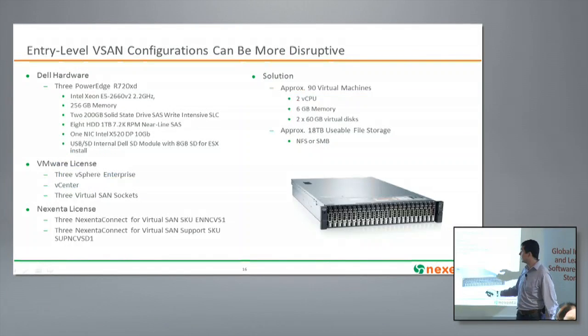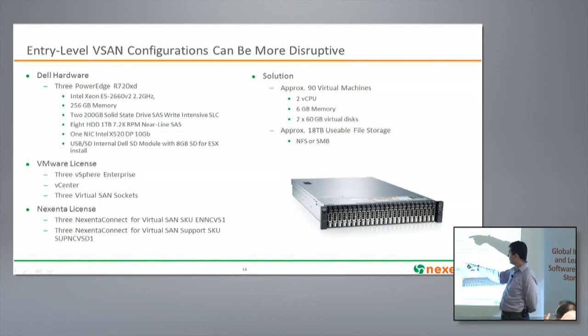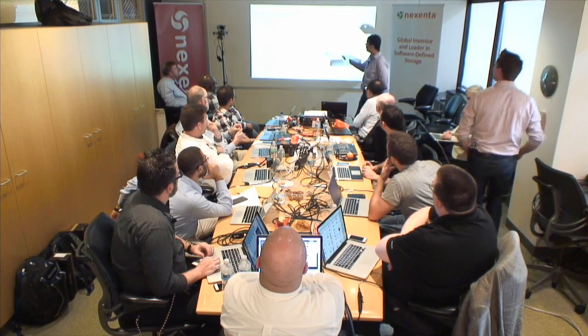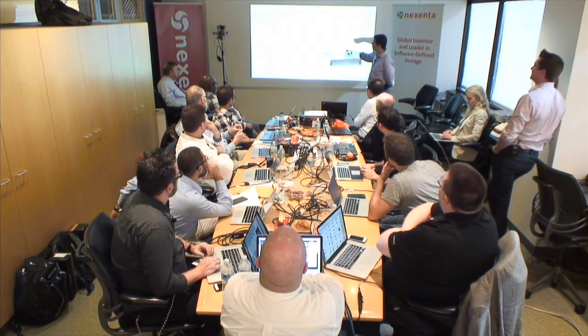Can you go back? Yeah. It's 2 vCPUs, so 2 sockets. It's 3 Nexenta Connect licenses. It's supposed to be 2, I'm pretty sure. So that's a 2-socket server there. Oh yeah, that's a 2-socket server, but minimum license.